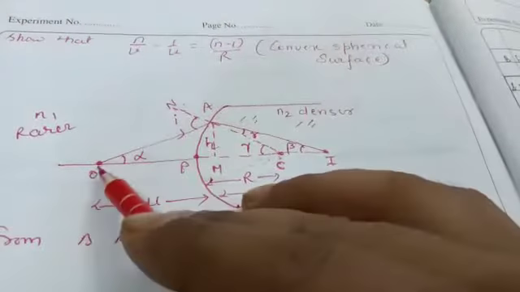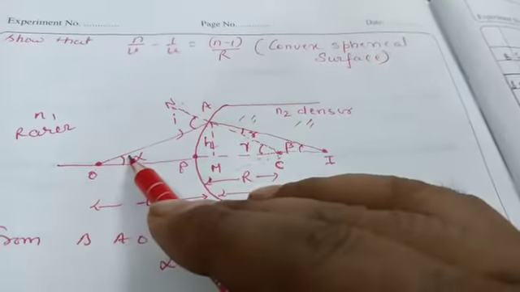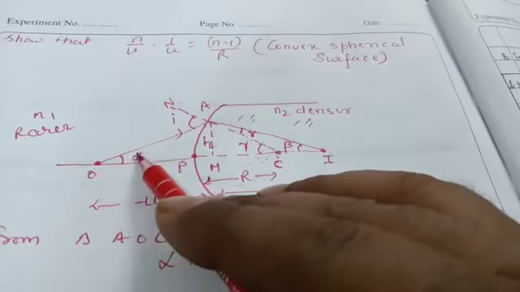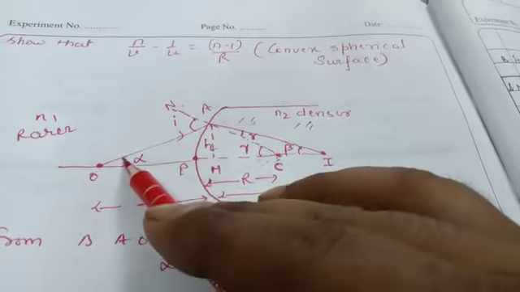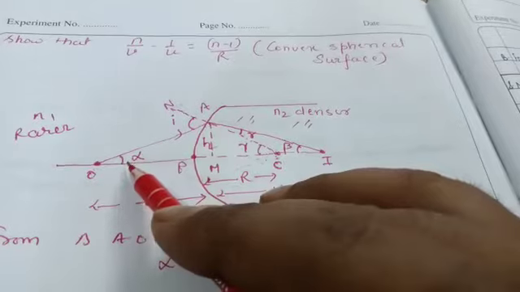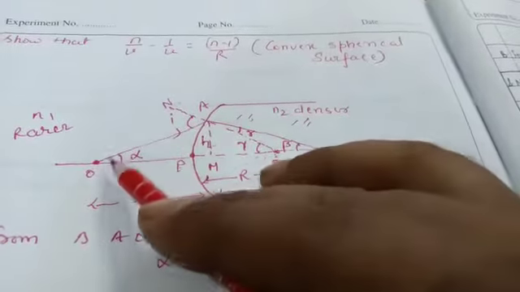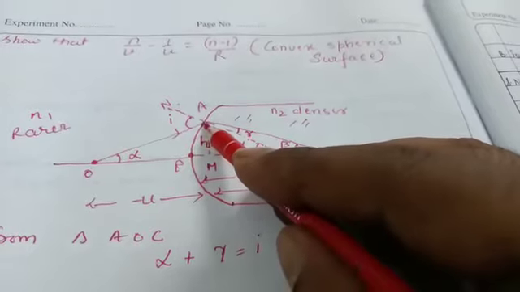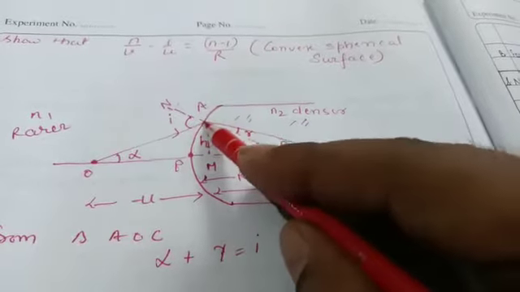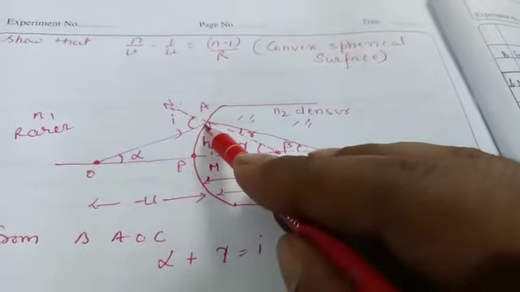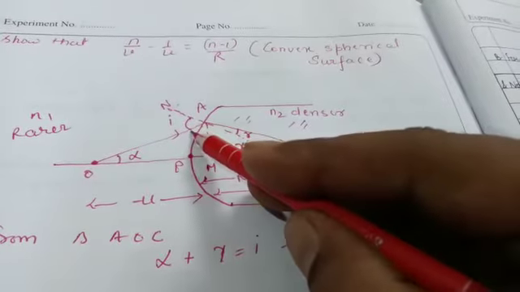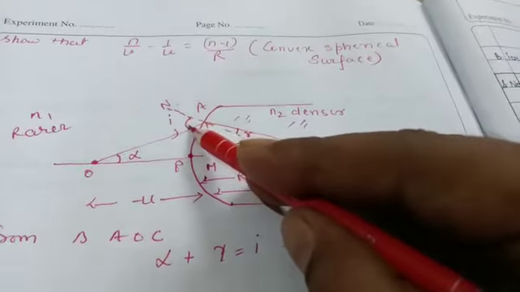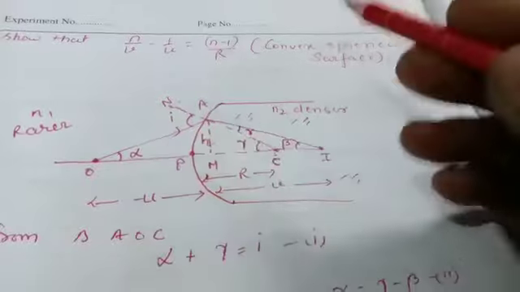Now the light ray starts from the object, making some angle alpha with respect to the principal axis. This light ray moves and strikes the surface at point A. So this ray will be the incident ray. The angle formed by the incident ray with respect to the normal is called I, the angle of incidence.